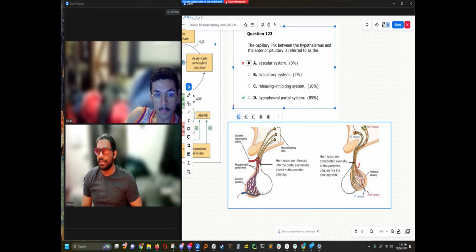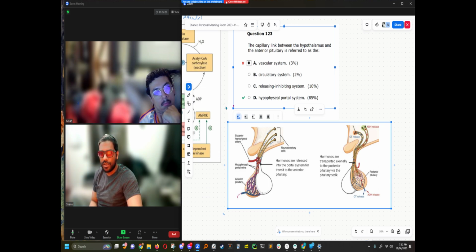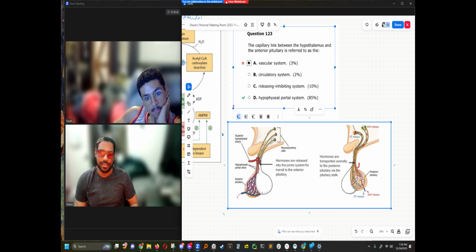Yeah. So okay, the question's asking, the capillary link between the hypothalamus and the anterior pituitary is referred to as. Generally speaking, if we look at what's being transferred from the hypothalamus to the posterior pituitary, you have these neurotransmitters or hormones being transported through the axon, through the actual nerve, right? And we can call this neuroendocrine. OT release and ADH release: OT is oxytocin, ADH is antidiuretic hormone, which can also be called vasopressin.